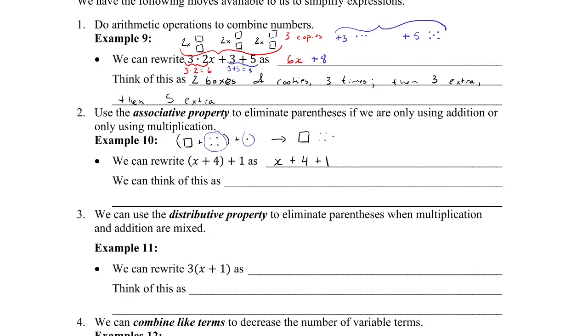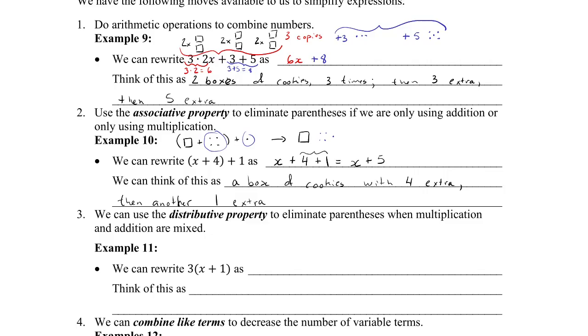They don't actually change the value of the expression. And so we can rewrite this as x plus 4 plus 1 without the parentheses. And then we can combine the 4 plus 1 using the move we just talked about and say that that's x plus 5. We can think of this as a box of cookies, 4 extra, then another 1 extra. But that's just the same as having 5 extra cookies.